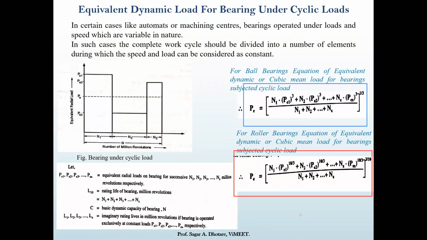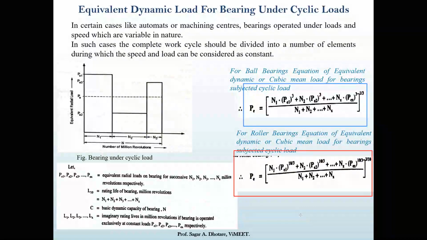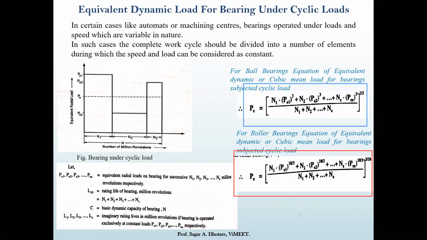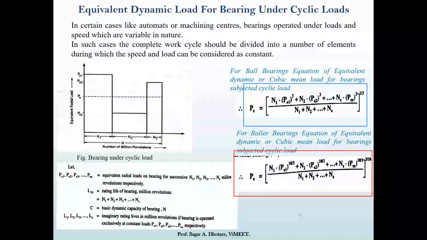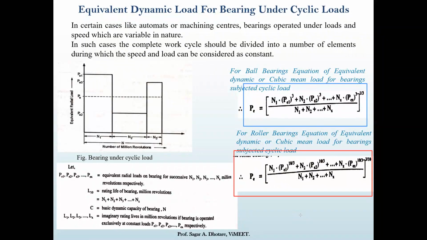Here P values are the individual radial loads with successive speeds N1 and N2. L10 is the rating life of the bearing, which is the addition of all the revolutions in million revolutions. And C is the basic dynamic capacity, which is in Newton or kgf.